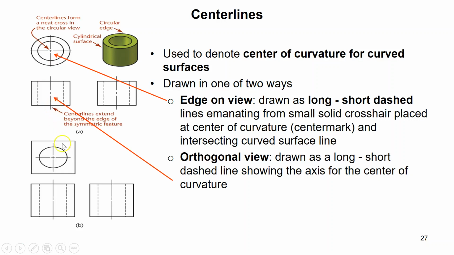The other important thing is when these two dash dotted lines are forming a cross at the center of this view, the small portions should cut each other, not the long ones, or not a long and a short one. That is a mistake. Okay, so when you do it on the paper, you have to pay attention.